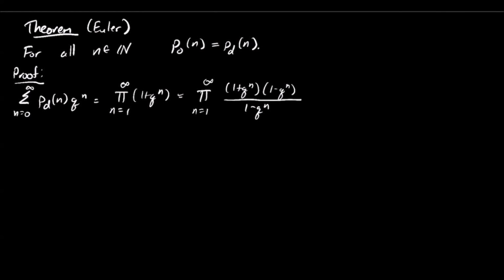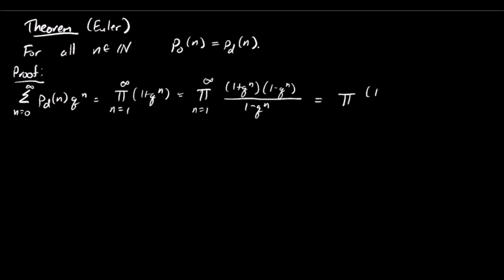One thing that I'll notice is that this numerator combines rather nicely. So I'll get 1 minus q to the 2n at the top, and in the denominator, I'll get 1 minus q to the n, where n goes from 1 to infinity. Right, so I have a product that looks something like this. Let's expand this out to see what this looks like, because it might give us some indication of what's going on here.